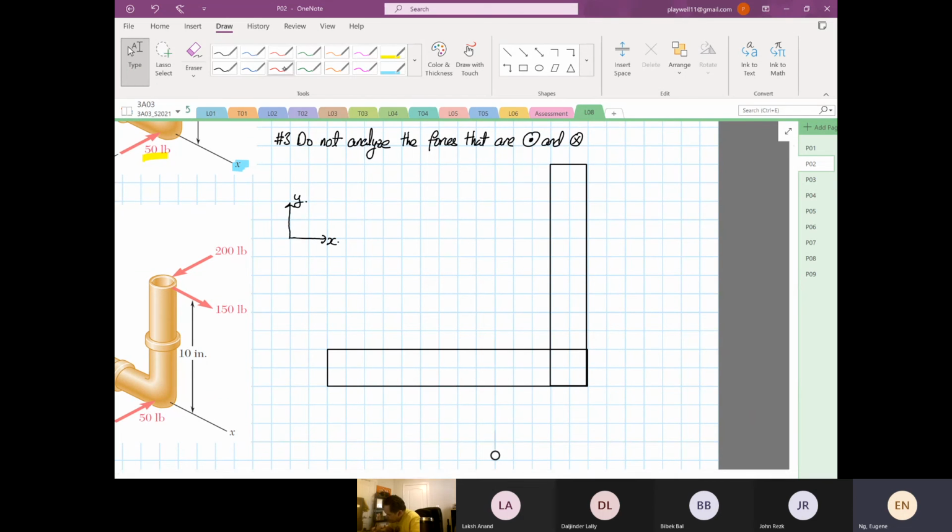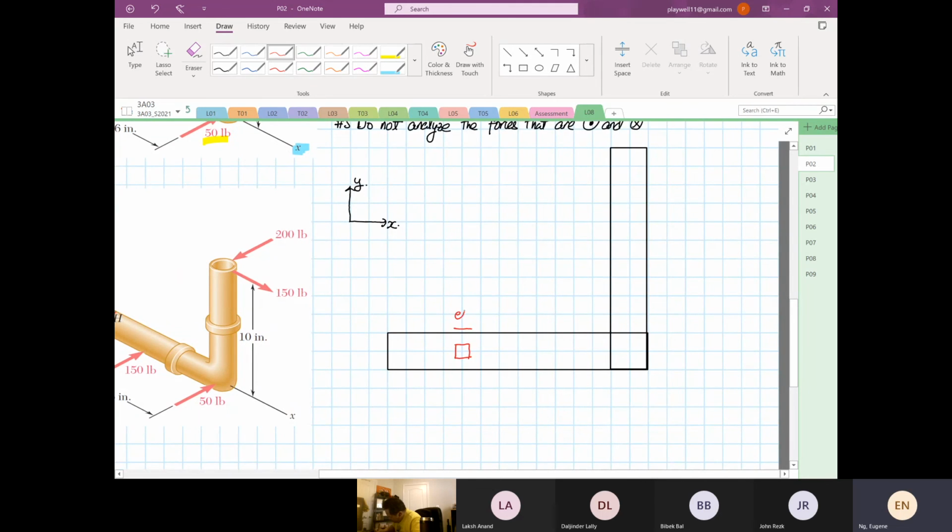I'm going to sketch element H and element K. This is where my element H is, and this is my element K. Once you have done this, we can draw the position of the neutral axis where the elements are located. Where the neutral axis is, I'm going to sketch in green. So this is the position of the neutral axis.